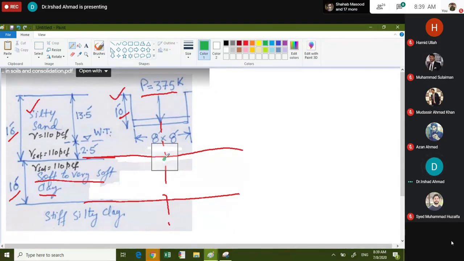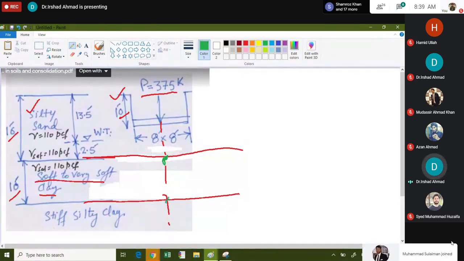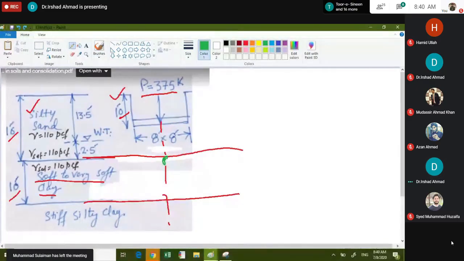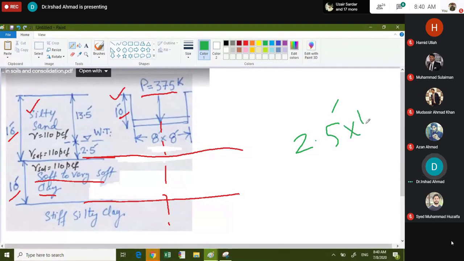We would divide the clay layer into 4 equal parts, each 2.5 feet, and 2.5 into 4 is equal to 10 feet.